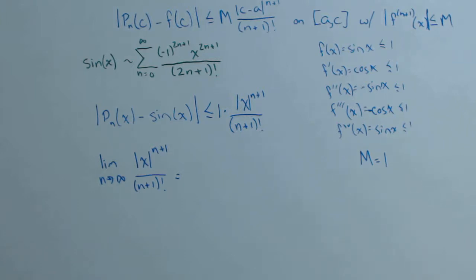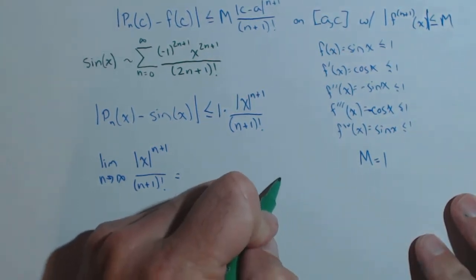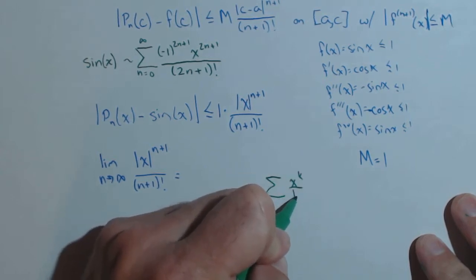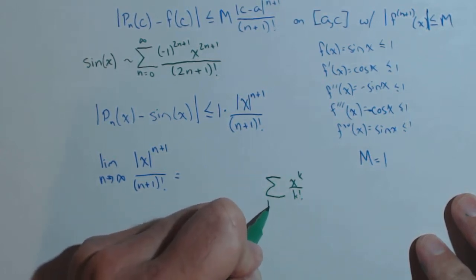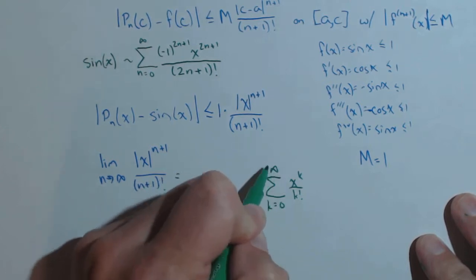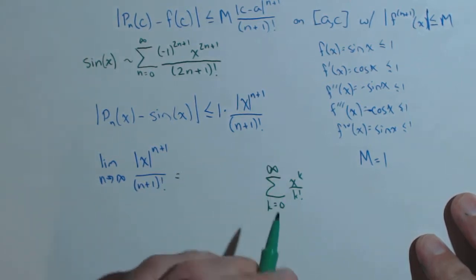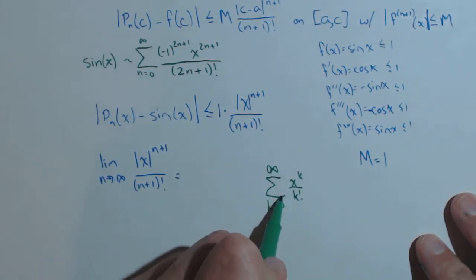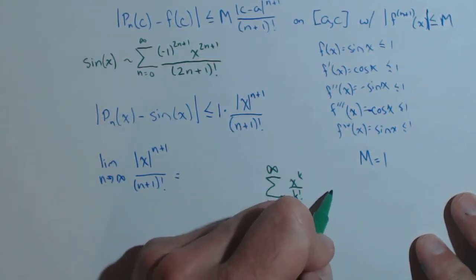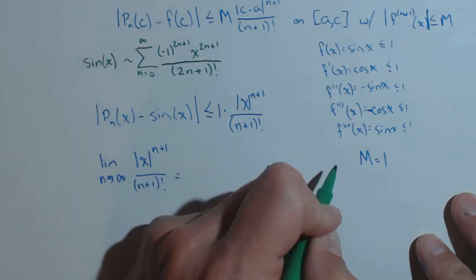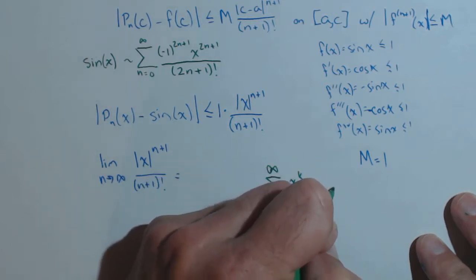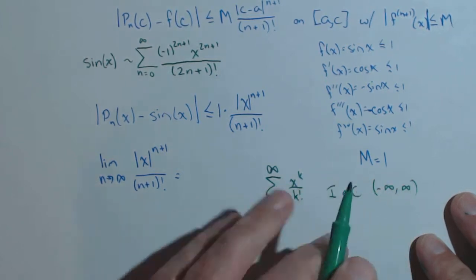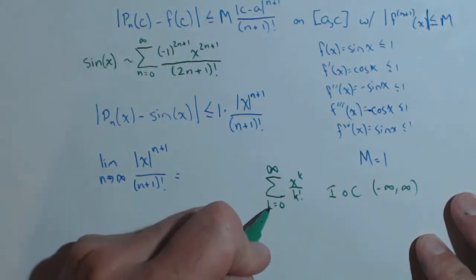We're going to use something we already know. And that is, we know something about this particular Taylor series, the sum of x to the k over k factorial from k equals 0 to infinity. This is our Taylor series for e to the x. Turns out this Taylor series has an interval of convergence of negative infinity to infinity. I've done that in another video, so I'm going to use that piece of information here.